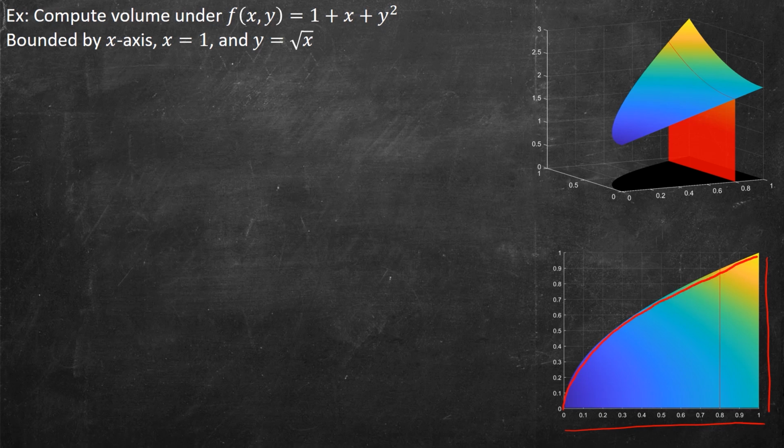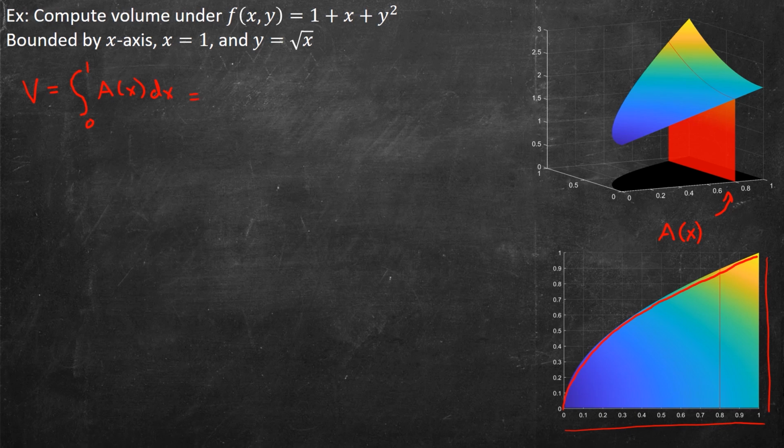And I'm trying to figure out the volume underneath this, and my approach is to use these vertical strips where I compute the area at any value of x, and I'm imagining integrating all these values of x. That is, my strategy is to say that the volume is the integral from 0 up to 1, because I'm going to have the values of x going from 0 up to 1, of this A of x, all these little areas, with respect to x.